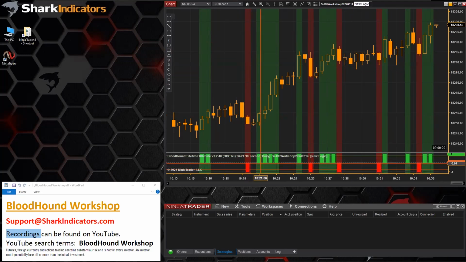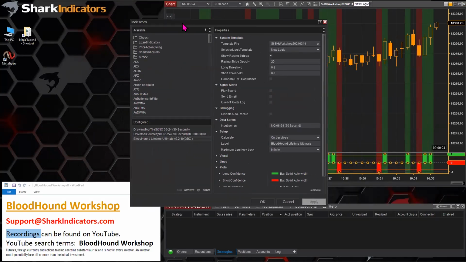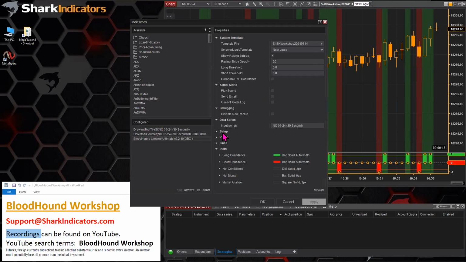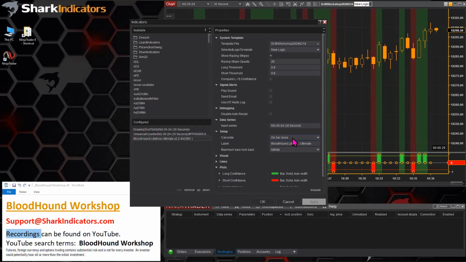Why is that? Because of NinjaTrader's calculate setting. If you open up the indicators window, go to BloodHound and go to the setup section here, we can see the calculate is set to on bar close. That means NinjaTrader will not calculate BloodHound until the bar closes.